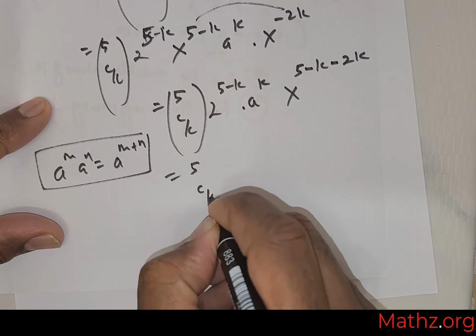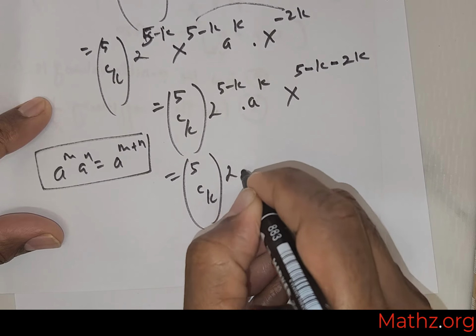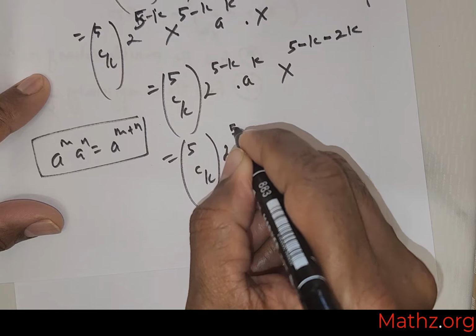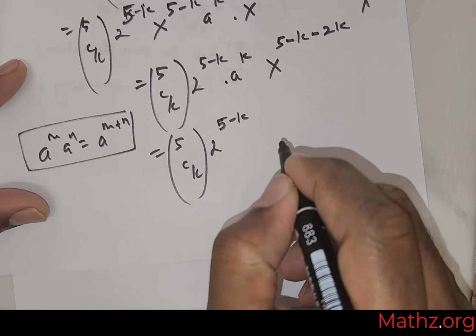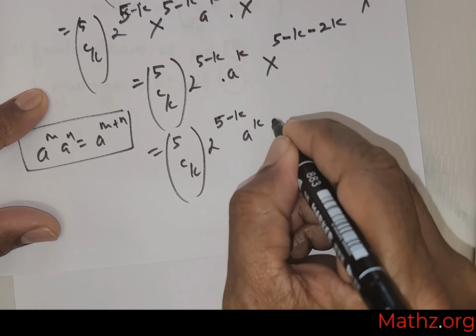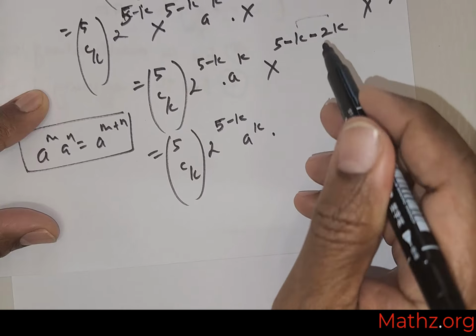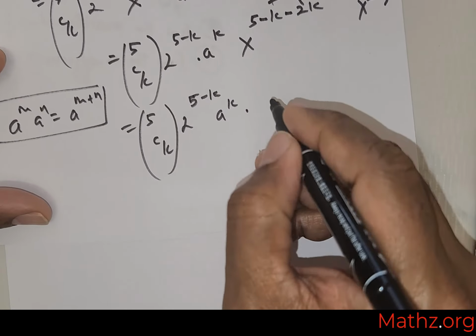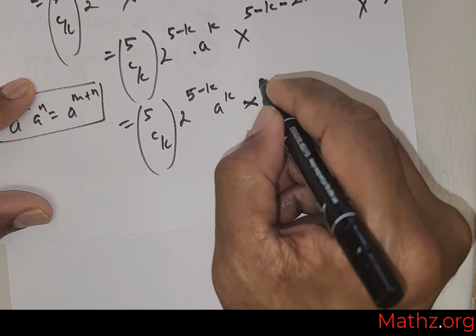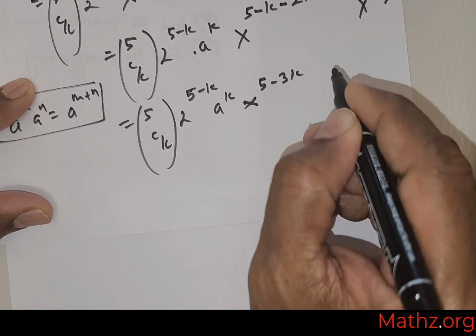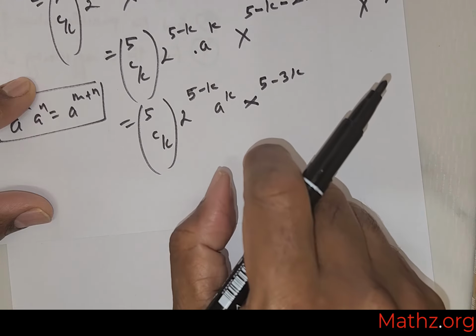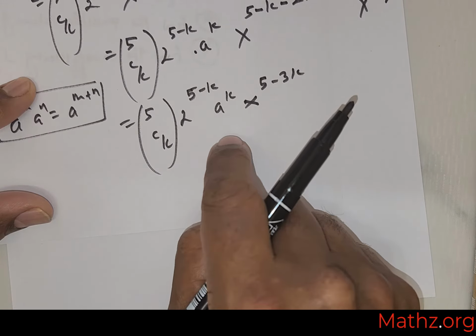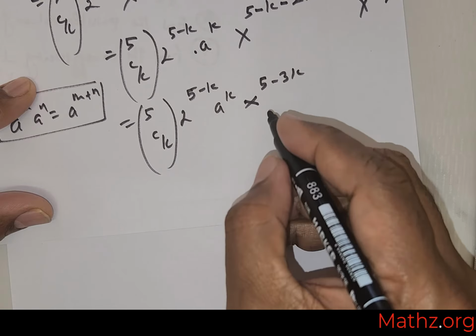So this is going to be 5Ck times 2^(5-k) times a^k times, you add these two together, you get x^(5-3k). Okay, so this is what we have got.